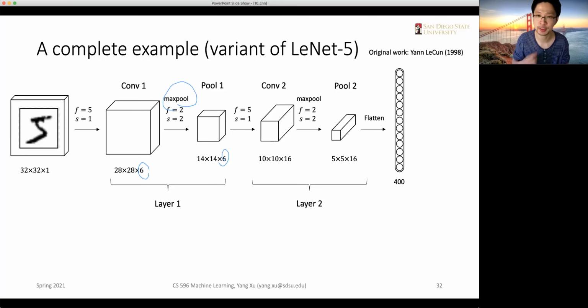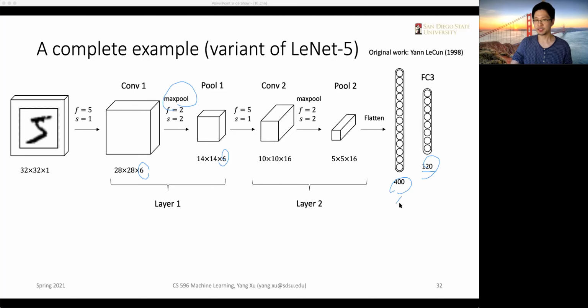Those 400 units can be treated as the inputs to a regular fully connected neural network. So we have this fully connected layer, which we call FC3, which reduces the dimension from 400 to 120.